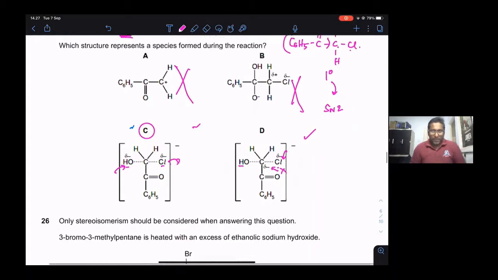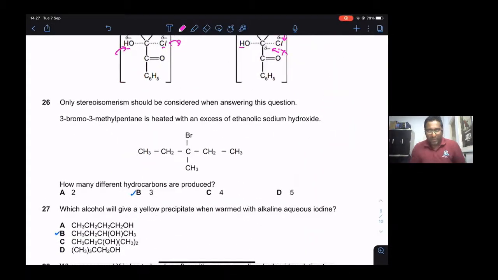Number 26. Only stereoisomerism should be considered when you answer this question. This is a very interesting question. If you have H over here, and I erase this, what will happen? You are going to get a double bond over here. You remove the Br, you remove the hydrogen. So if I draw this, I will have C2H5 attached to C, and then you have CH3, and then double bond, and then I have CH3.